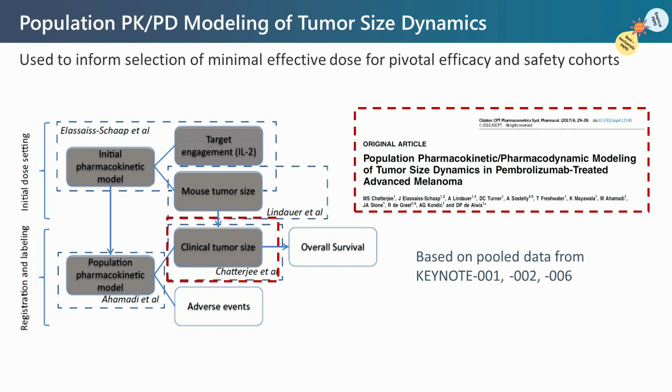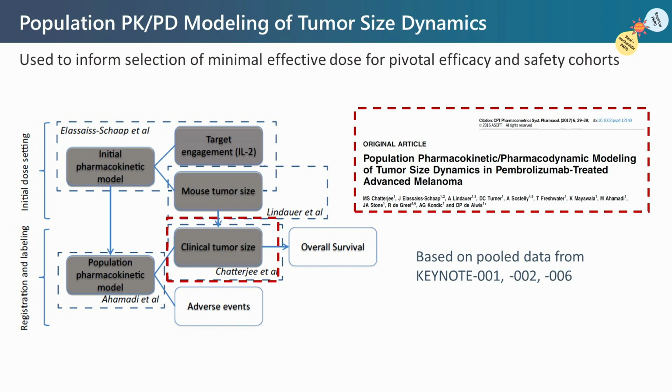In the final part of this case study, we will see how population PK/PD modeling of tumor size dynamics was performed to quantify the efficacy-exposure-response relationship for pembrolizumab, which could be used to interpret the impact of covariates on pembrolizumab exposure.